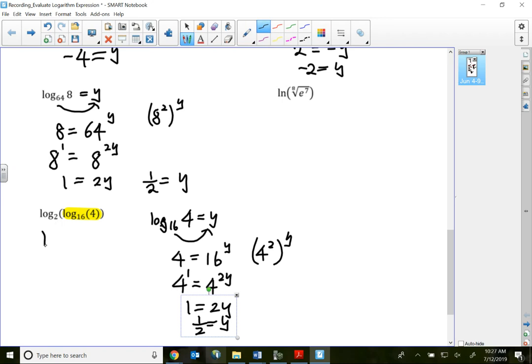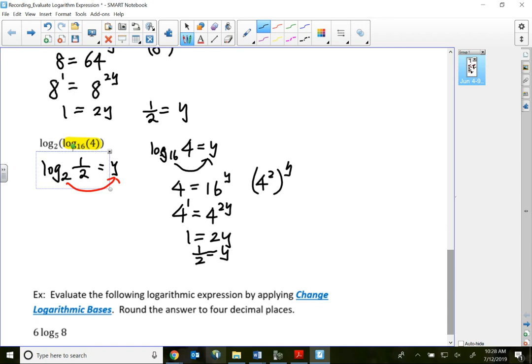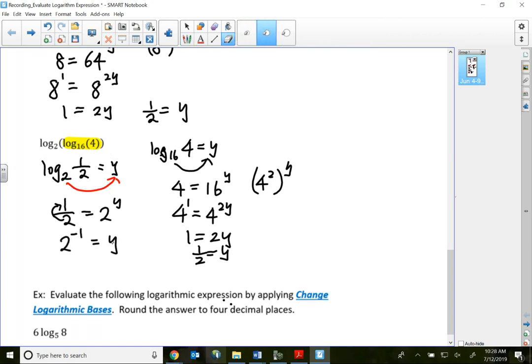So what I get here now is log with the base 2 of 1/2. Set it equal to y again. So we just basically continue to convert them into exponential. So this is going to be 1/2 equal to 2 to the y power. All right, this time I'm going to bring this base 2 to the top. So that's 2 to the -1, equal to 2 to the y.